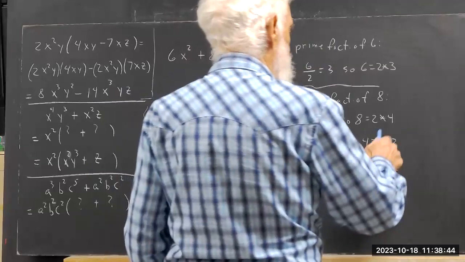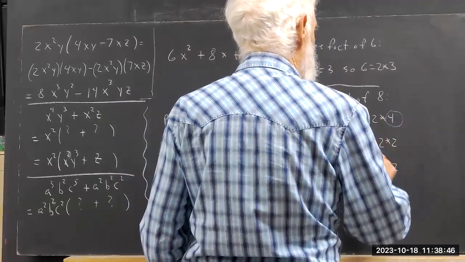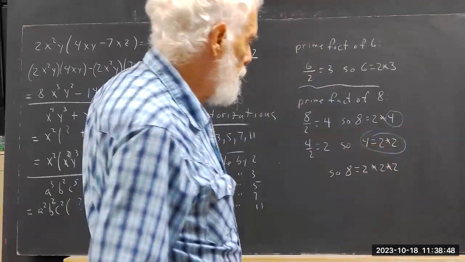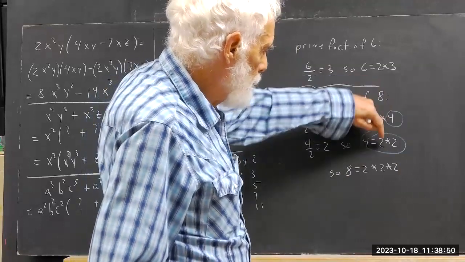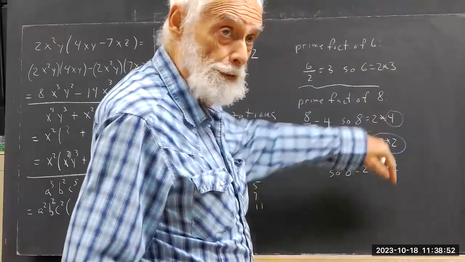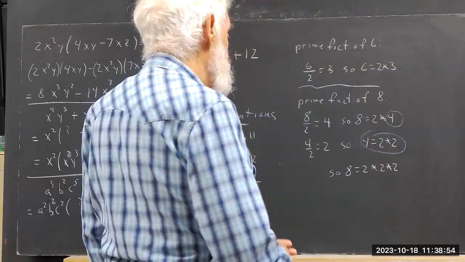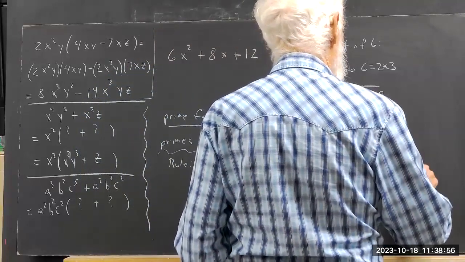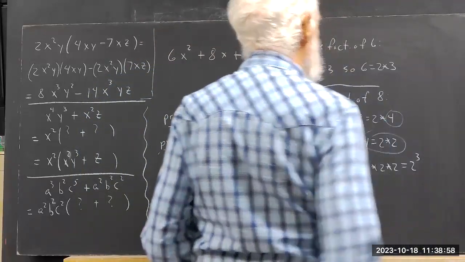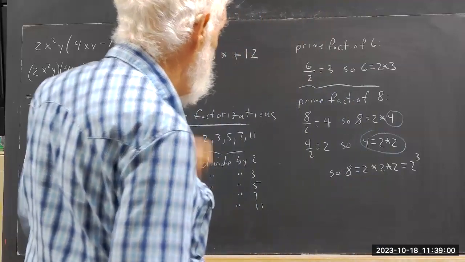Because of course, 8 equals 2 times 4, and 4 equals 2 times 2. So instead of 4, I can write 2 times 2, and that's how I get this. And of course, that's 2 to the third power.